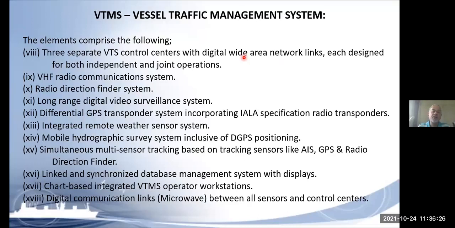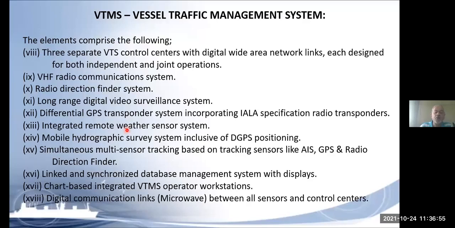Then a radio direction finder, to tell from which direction the frequencies are coming and where any activity is generated. A long range transponder system incorporating IALA specifications radio stations, then an integrated remote weather sensing system. So weather, wind, waves and tide are also sensed.